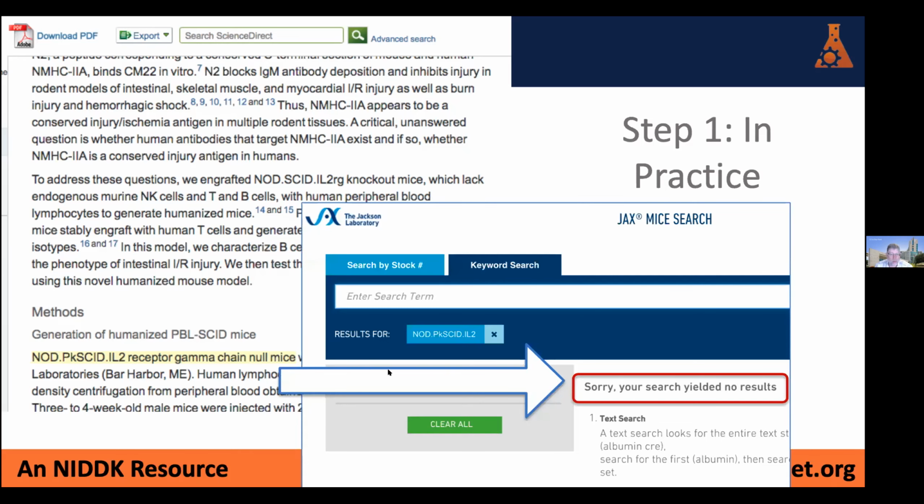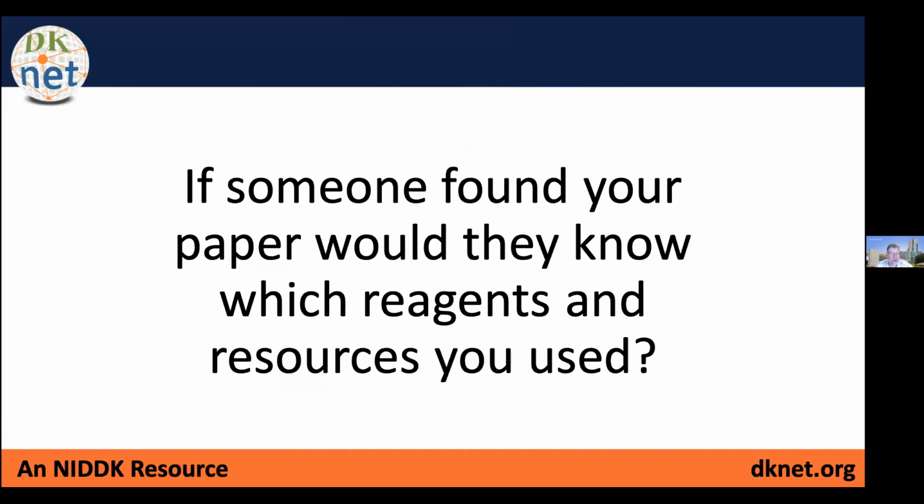But if you were to go to the Jackson Laboratory and try to search for this, you wouldn't actually be able to find it. And so there's been an issue with the identification of reagents and resources used in the biomedical literature.